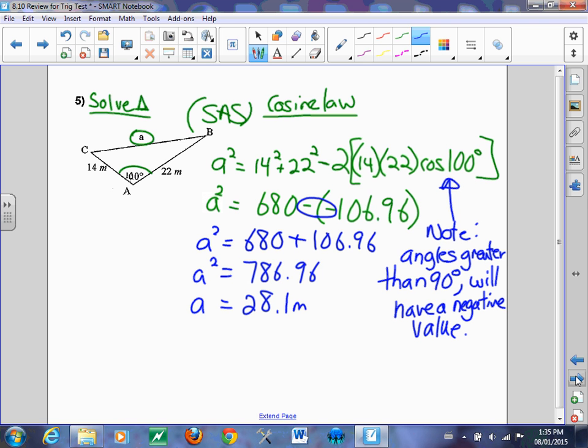Okay. All right, we're not done this question yet because we need to solve. Okay, so ladies and gentlemen, we now have a match because we now have side A. So we can find angle C. Let's find angle C. So we'll go sine of C over 22 equals sine of 100 divided by what we had for A, which is 28.1.